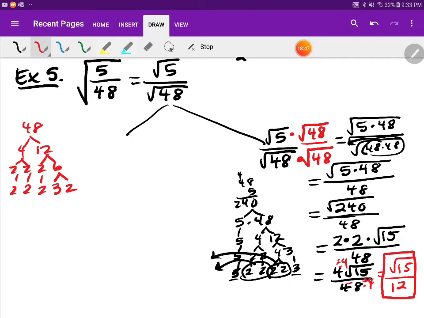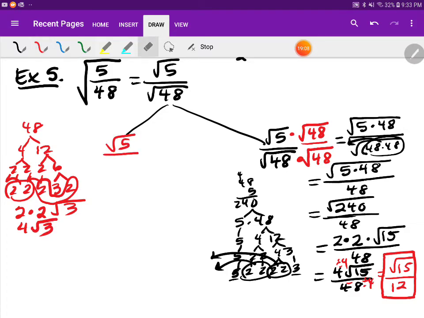Who comes out? Circle the ones that come out, the pairs. 2 comes out. Here's another pair of 2, it comes out. 2 times 2, the twins come out, 2 pairs of twins. Radical, who's left inside? 3, 4 radical 3. So you get radical 5 over, let me change colors to black here. So this would be radical 5 over 4 radical 3.